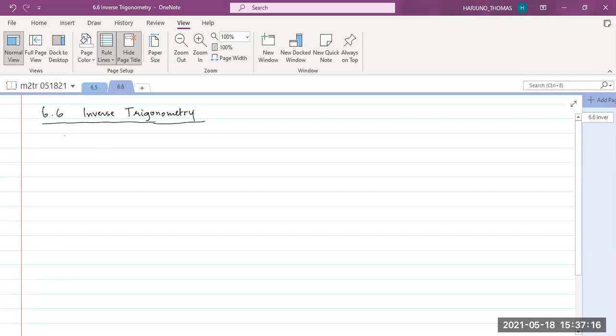Now, what happened is this. Trig functions are periodic. Now, what happened then? It means trig functions are not one-to-one.